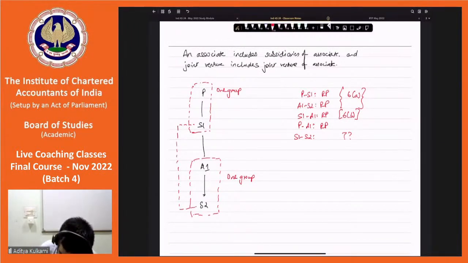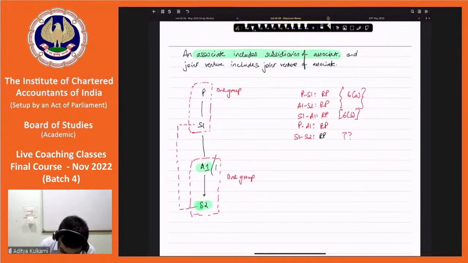So look at the interpretation which is given. Associate includes subsidiaries of associate. So associate A1 will also include its subsidiary S2, and therefore these become related parties.